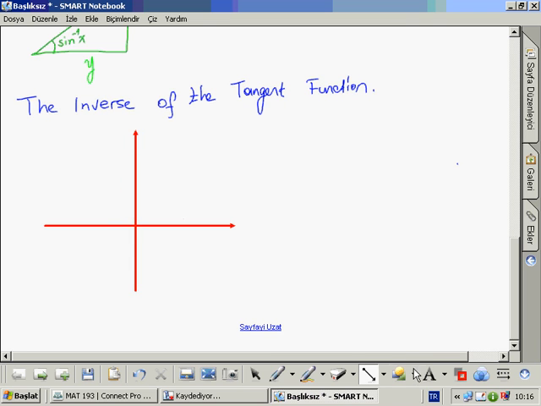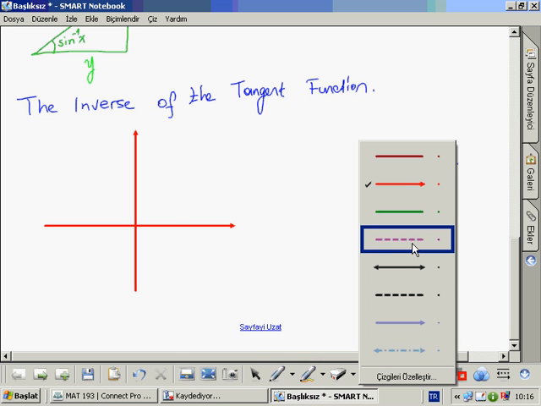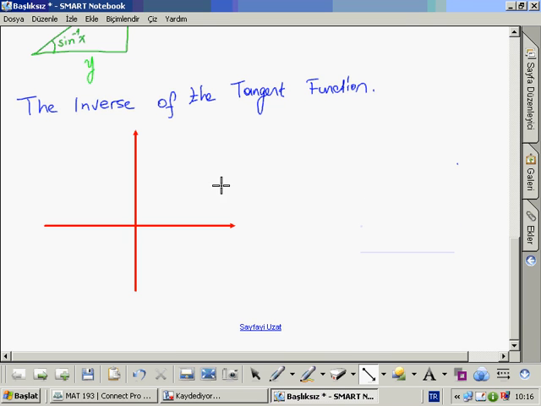We know that the tangent function has asymptotes at k times pi over 2, and k starts from 0, comma, minus 1, plus 1, minus 2, plus 2, etc. It has these asymptotes.